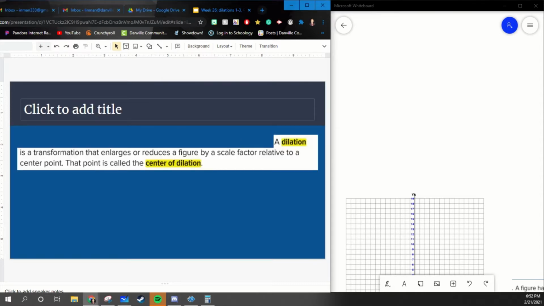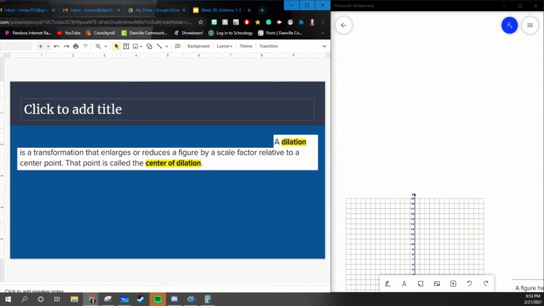A dilation is a transformation that enlarges or reduces a figure by some scale factor relative to a center point. That point is called the center of dilation. For all of your examples, our center of dilation is always going to be the origin, 0, 0, so you don't really have to worry about it, at least for the problems that you will do this year.